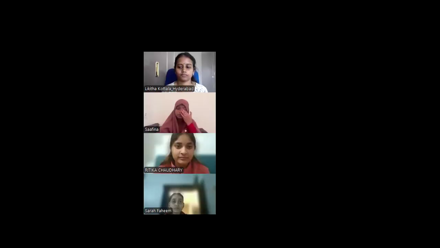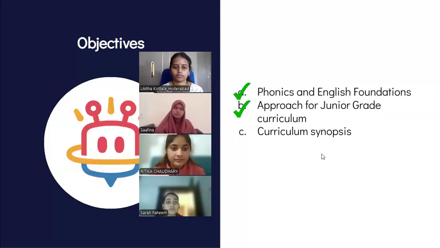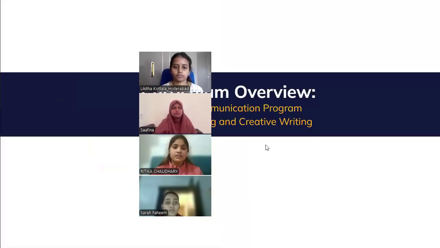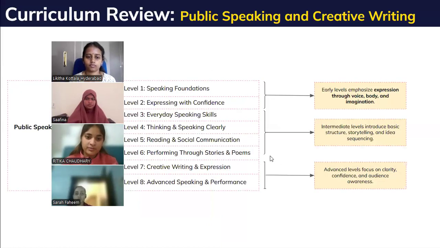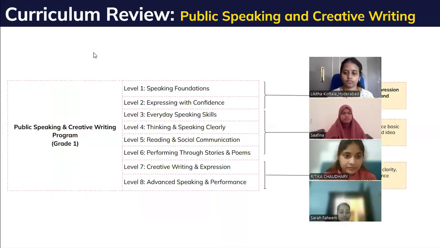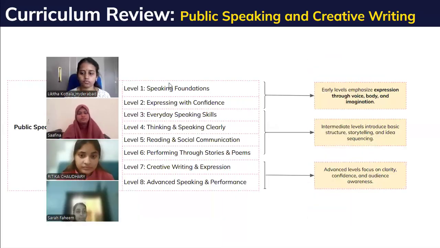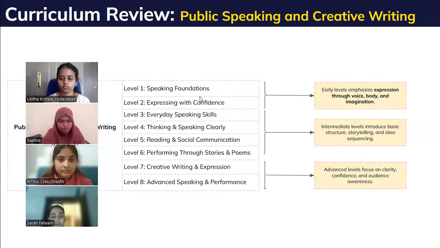Okay. Moving forward. Curriculum synopsis. English communication program, public speaking creative. Here you'll see that these are the 8 levels. Again, that is repeated. What do we do in level 1, 2 and 3? An example is given to you. Early levels emphasize expression through voice, body and imagination.